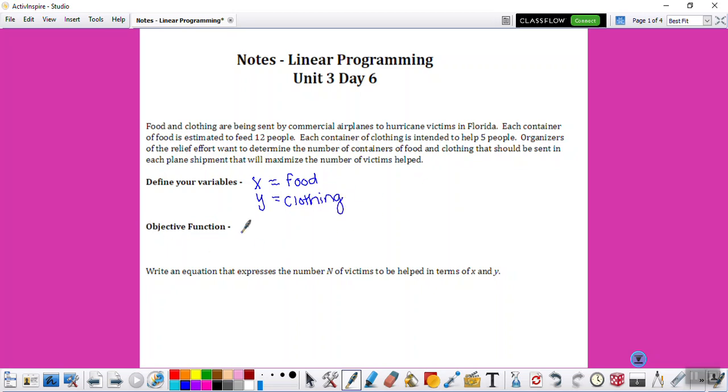Next, we need to write our objective function. This is an equation that determines the maximum or minimum.